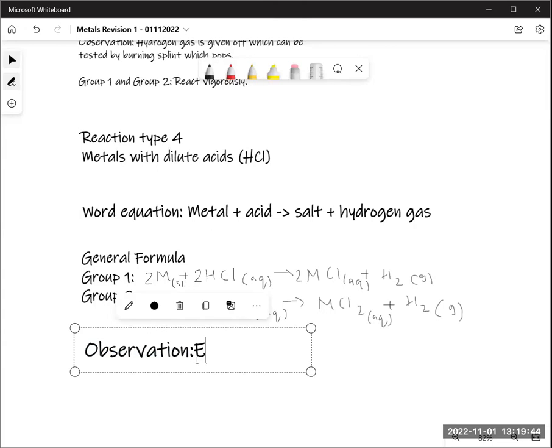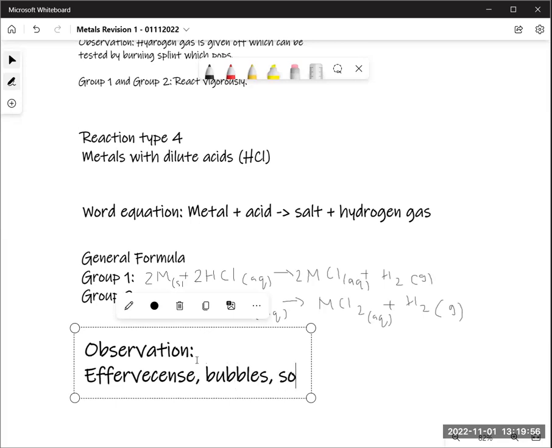Effervescence and bubbles, solid dissolves, and solution becomes neutral.